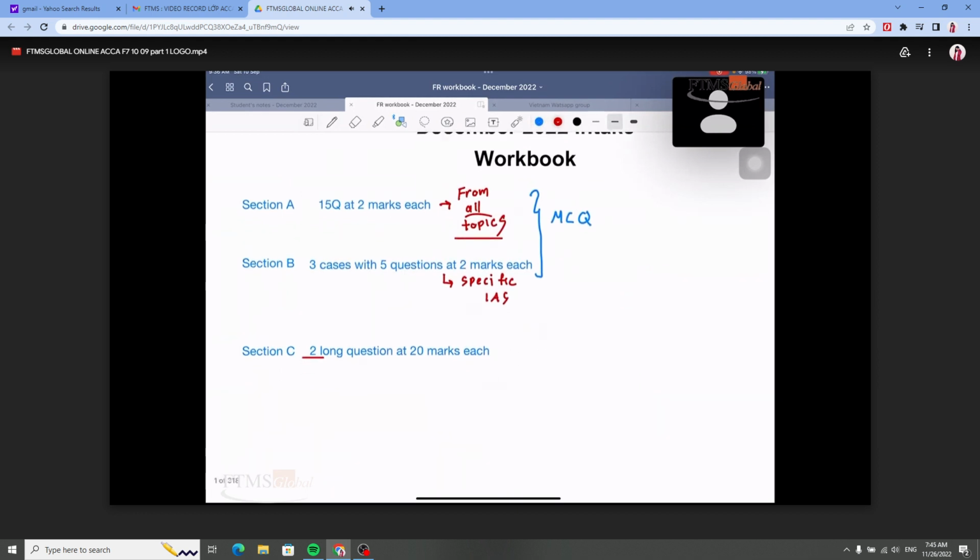The first area is consolidation. Then the second area will be coming from what I call the trial balance.